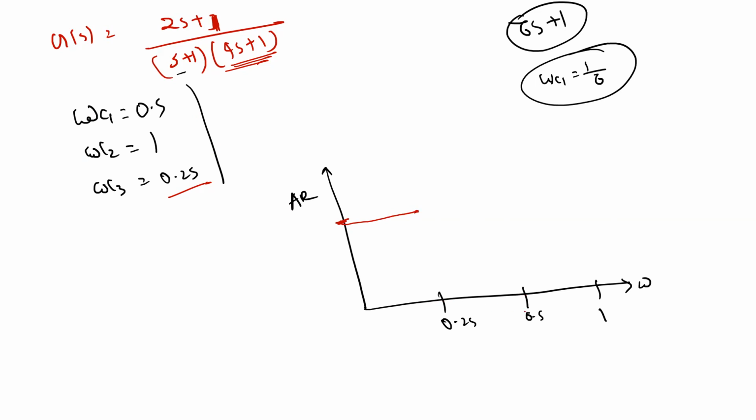Once it goes past 0.25, between 0.25 and 0.5, the slope is that of the 2s plus 1 term, and this is integral kind of control action, so it will go like that. Is it clear?